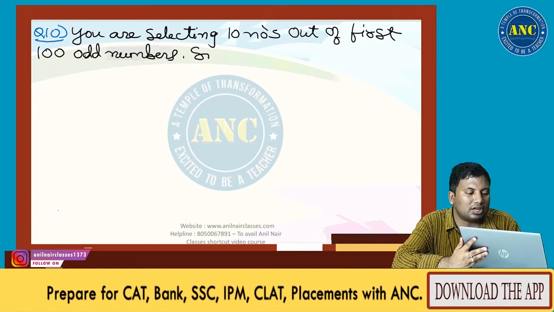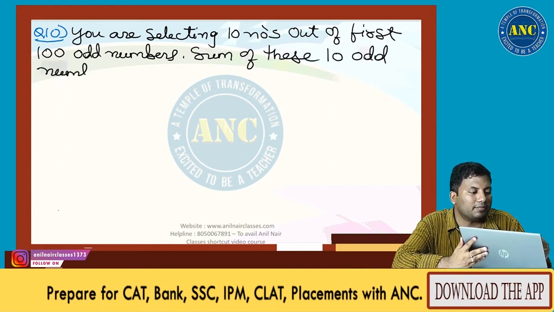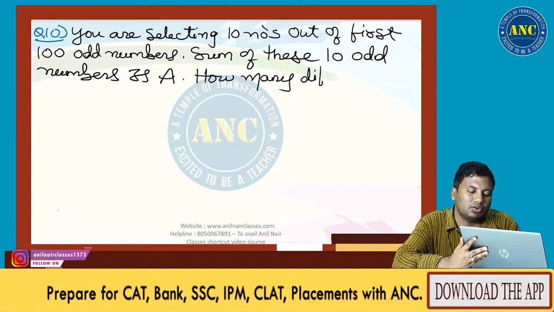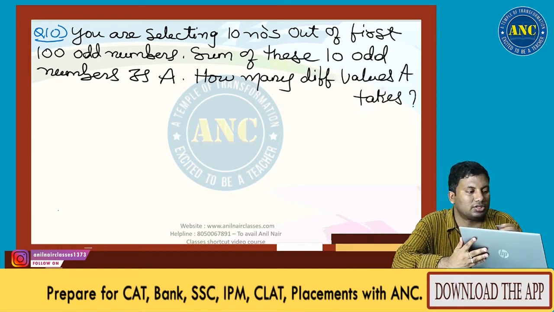Sum of these 10 odd numbers is A. How many different values A takes?